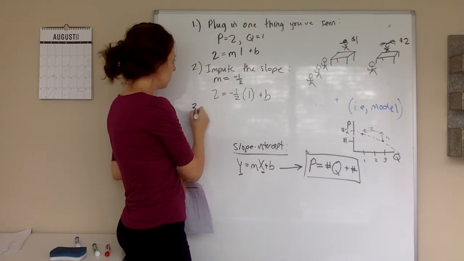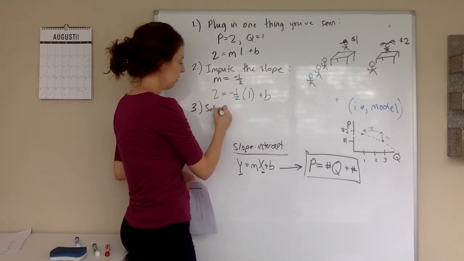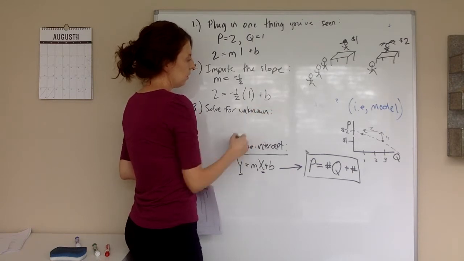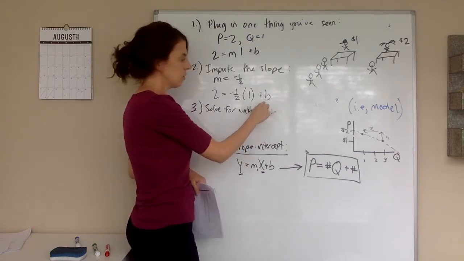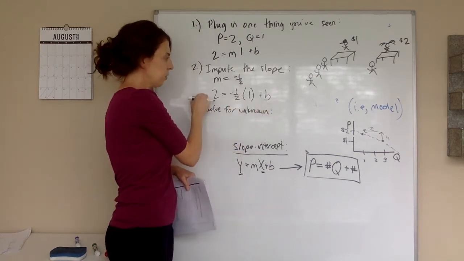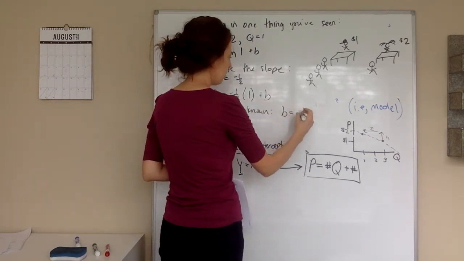And then the third step is you solve for the unknown. Okay, here we're solving for b. This is the one unknown that we have in this equation. And you just take this negative 1/2, you move it to the other side, you get b = 2.5.